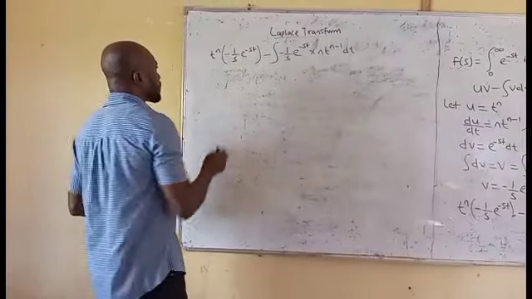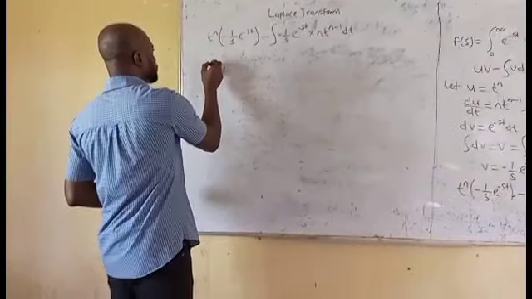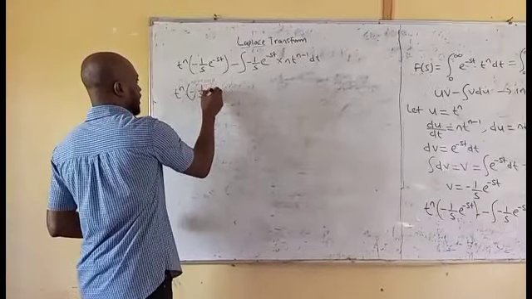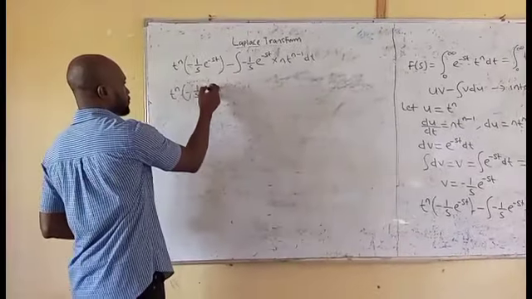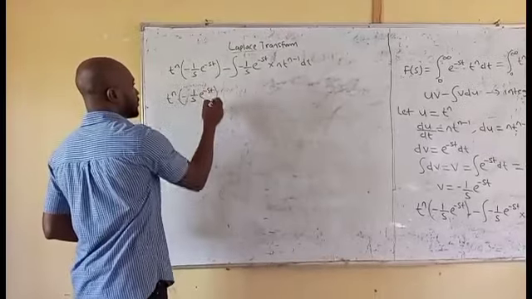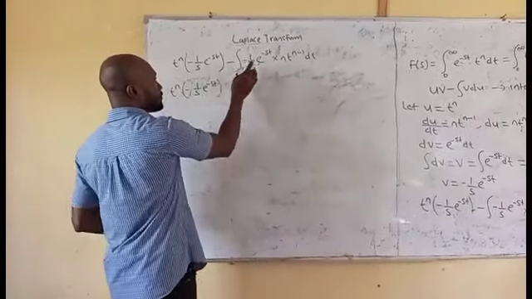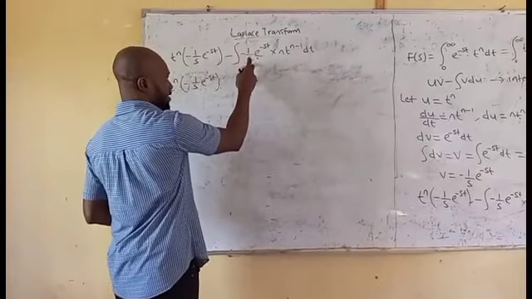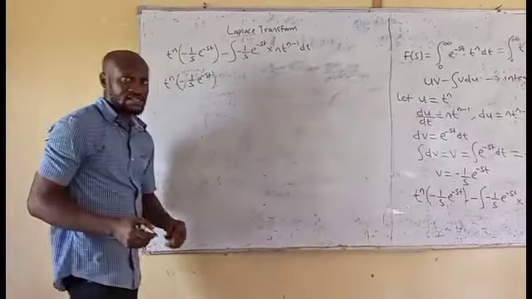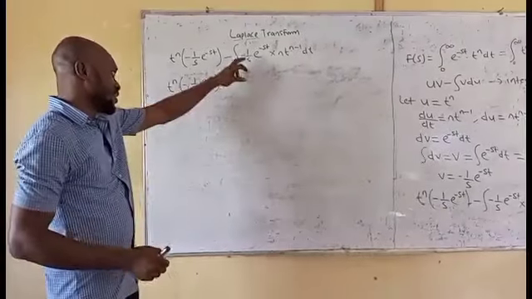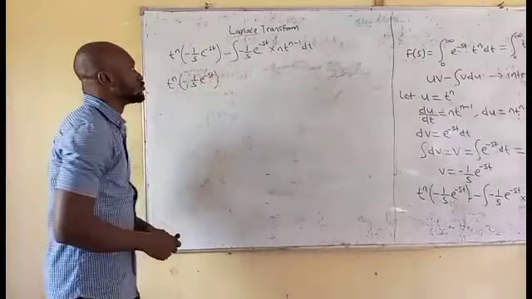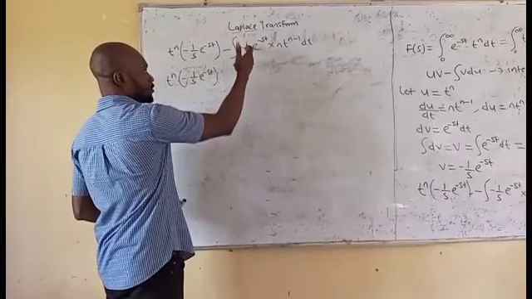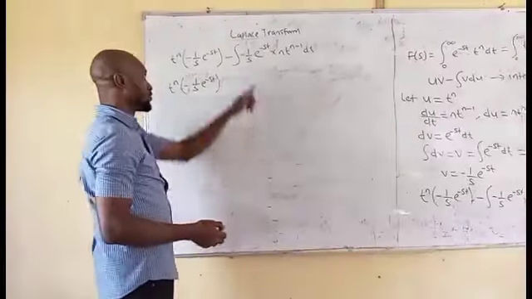So now I have t raised to the power of n into minus 1 over s, and then I still have my integral form of minus st. Then I have this. 1 over s and n are constant. So if you multiply this n by minus 1, it will give you minus n over what?